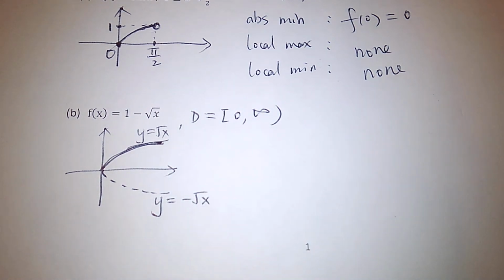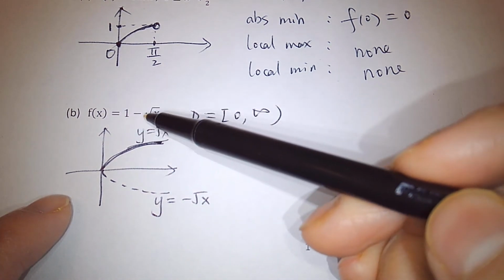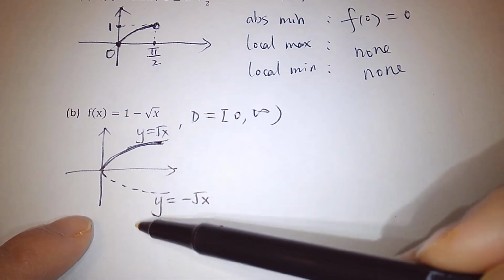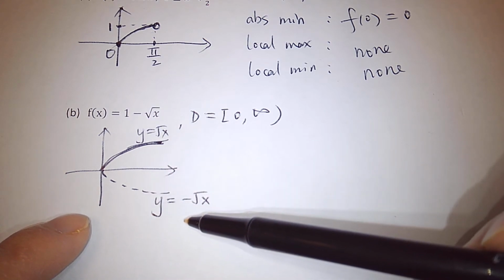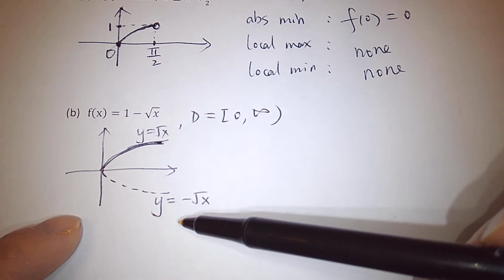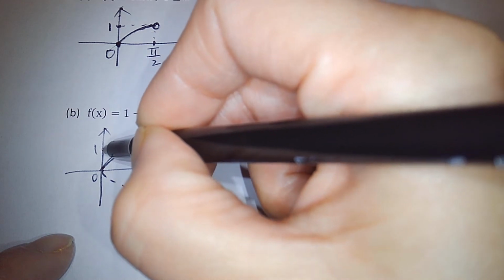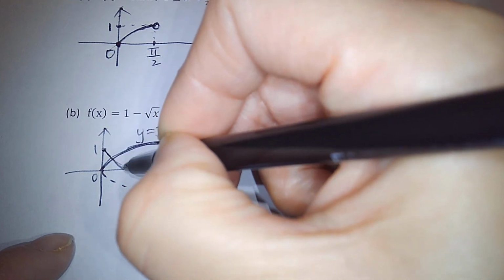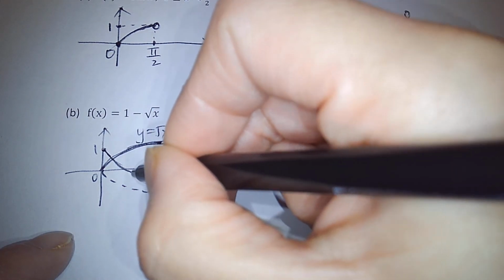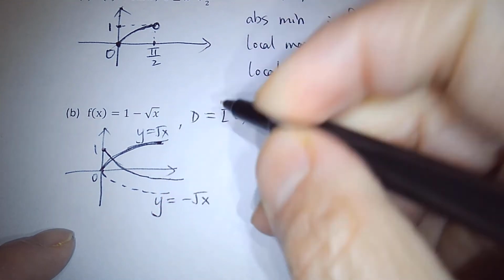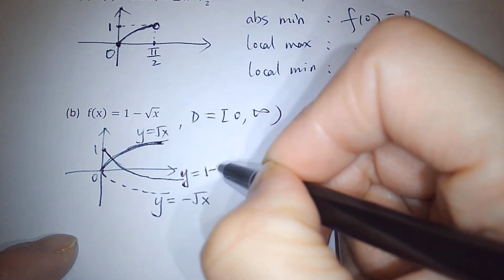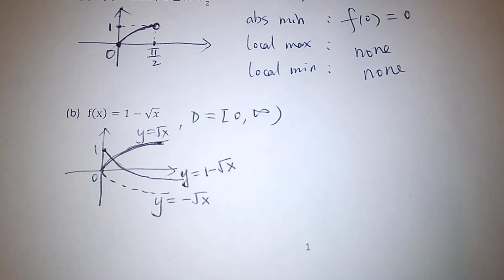But we need 1 minus square root of x. So we have to shift this graph what? 1 unit up. Do you see that? This is y equals 1 minus square root of x.